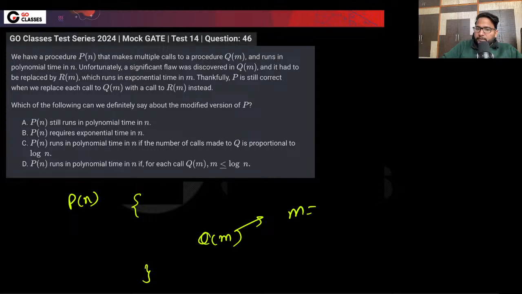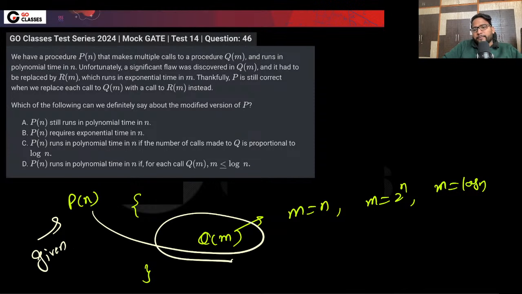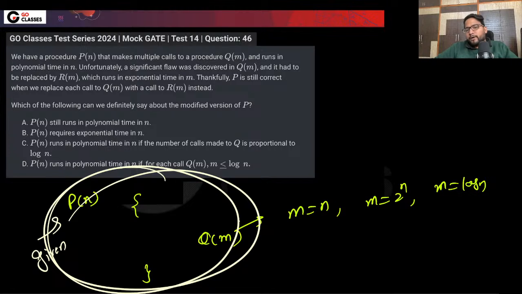Maybe m equals n, maybe m equals 2 power n, maybe m equals log n or something, right? But it is not even given. They are saying that PN is making a call to QM and runs in polynomial time. This is interesting. Given that you are making a call to QM, it is given that this function is running in polynomial time.